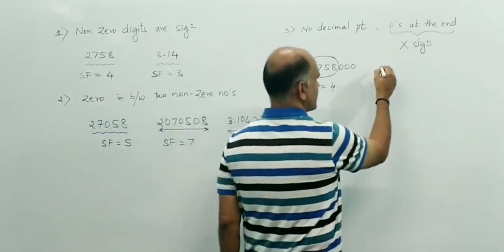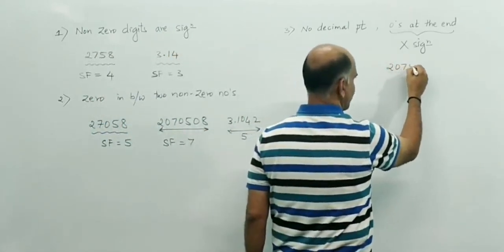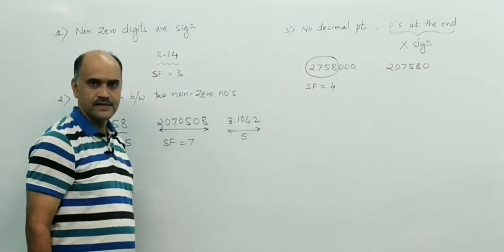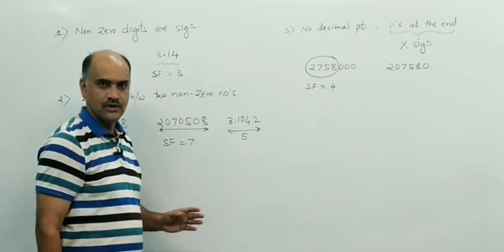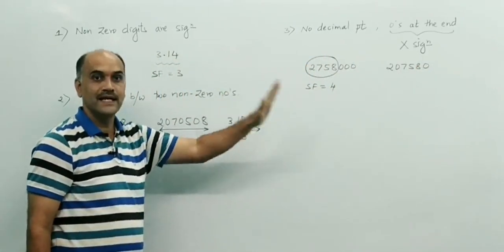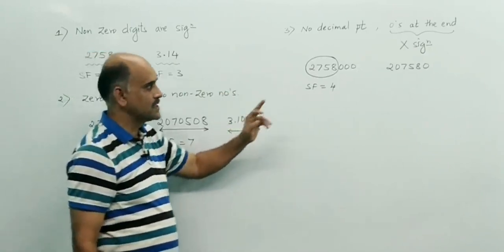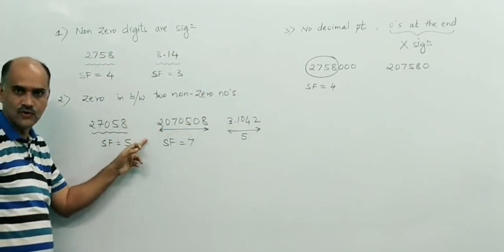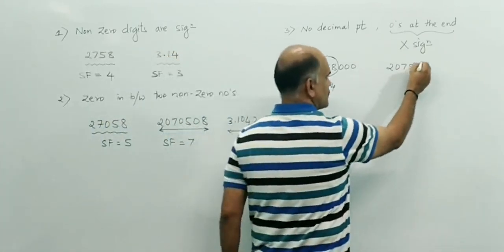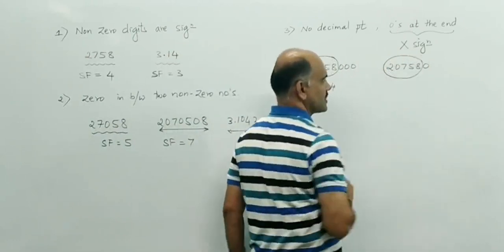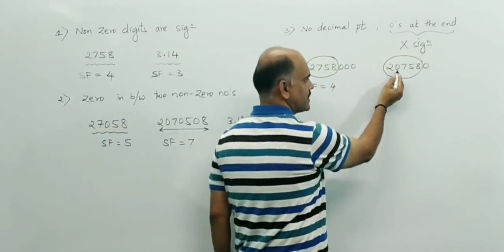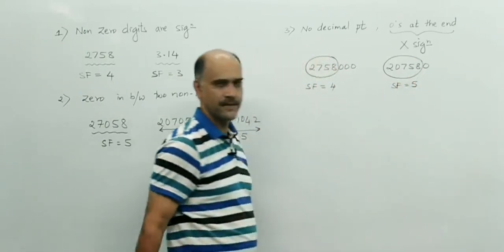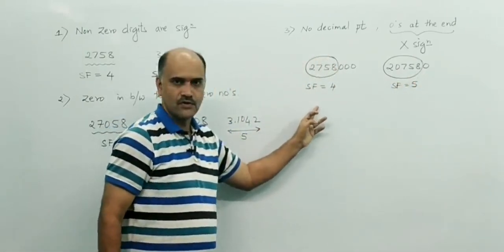Now suppose it is in this form: 207580. Zeros at the end you should leave. But if there is a zero in between, you are required to count it by the second rule. So up to this you are required to count. So the number of significant figures here will be 1, 2, 3, 4, 5. So the significant figure is equal to 5.